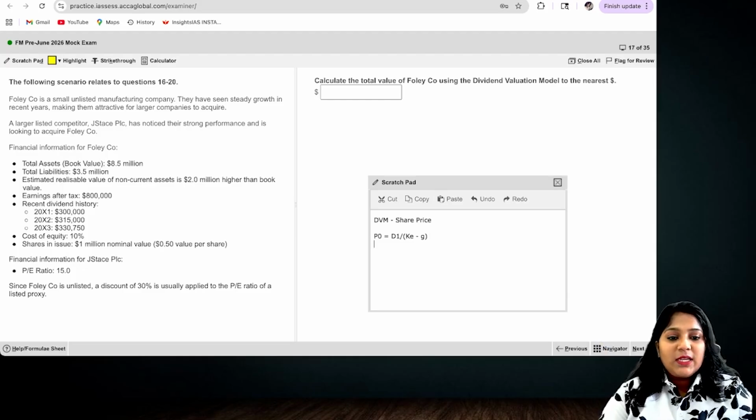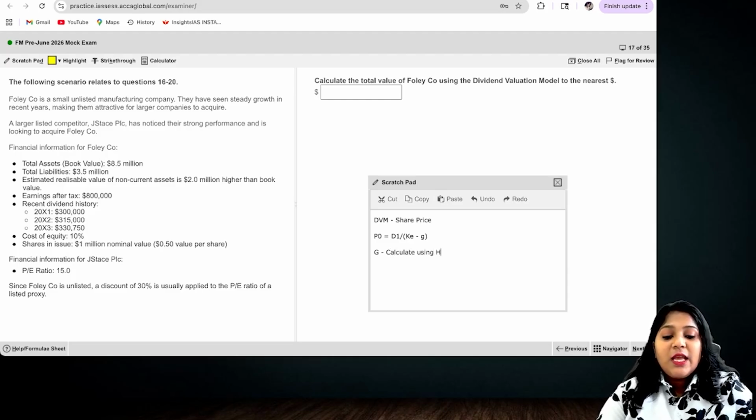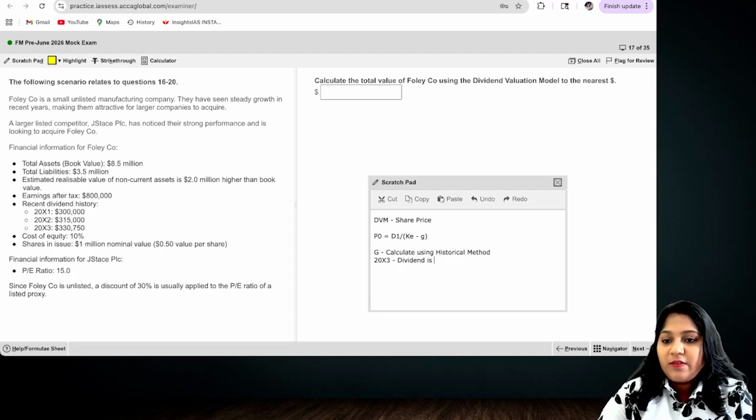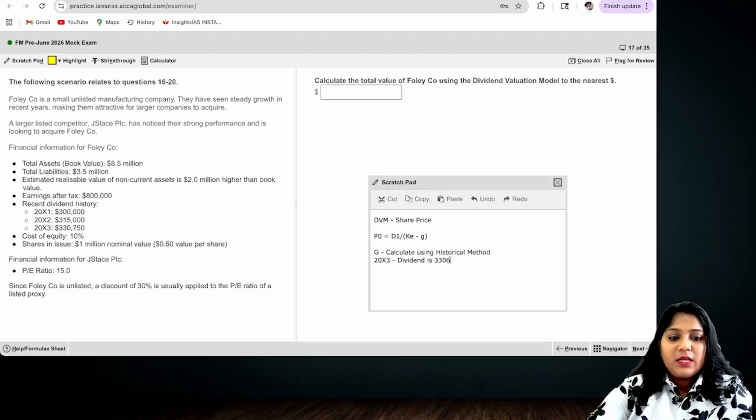Now, what is D1, guys? First of all, do we have growth? Growth is something that I have to calculate. What method will I use? I'll calculate using the historical method, because certain information has already been given. In 20x3, our dividend is 330,750, correct?